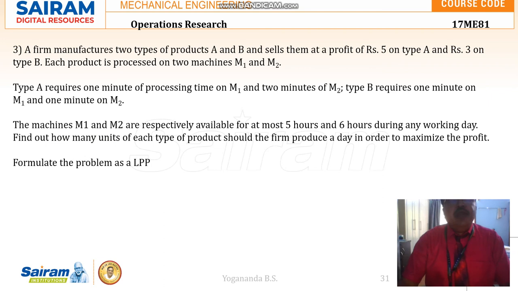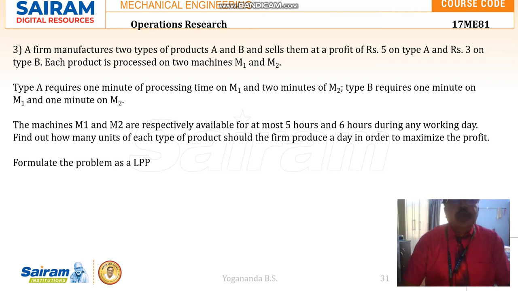A firm is manufacturing two types of products, A and B, and selling them at a profit of 5 rupees by selling each piece of model A. So it is getting a profit of 5 rupees, and 3 rupees profit on selling each unit of type B. Each product is processed on two machines, M1 and M2.